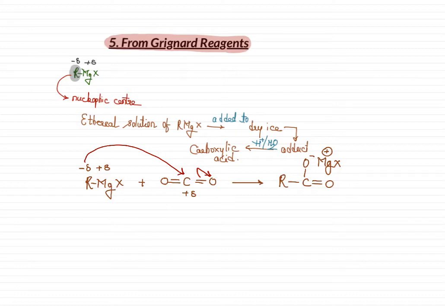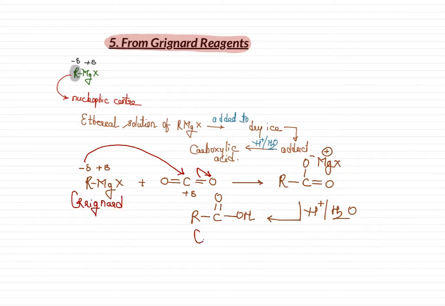This is the adduct that you get, and this upon acidification would give you R, C double bond O, and OH. This is your carboxylic acid. So this is Grignard added onto dry ice, and this is your carboxylic acid.